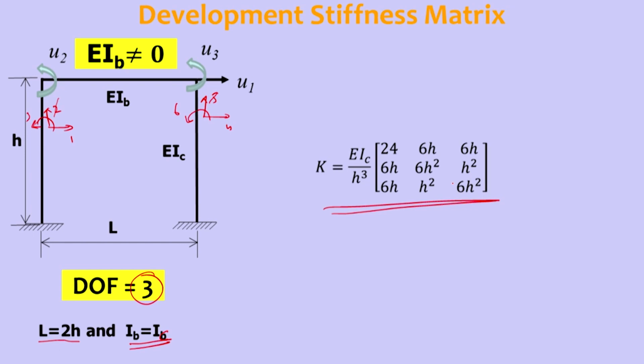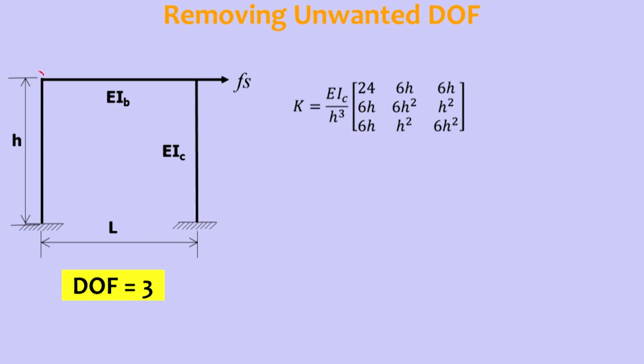Now after generating the stiffness matrix, if there are no forces associated with some of the degrees of freedom, it is something like this. You can see in this one, the degree of freedom is here, degree of freedom is here, rotation is here, and translation. So translation means entire mass is concentrated at this one.